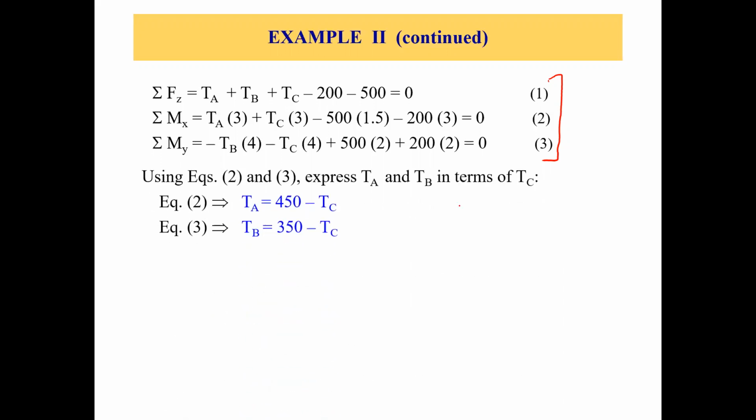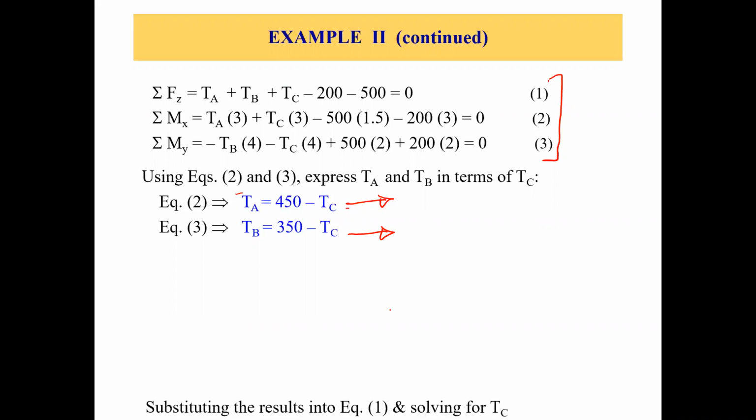Now let's move ahead. We can solve these 3 equations to get the unknowns, right? So let's use equations 2 and 3. We can use equation 2 to find TA in terms of TC, right? And we can use equation 3 to find TB in terms of TC, right?